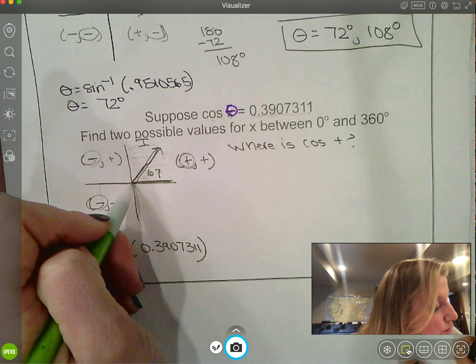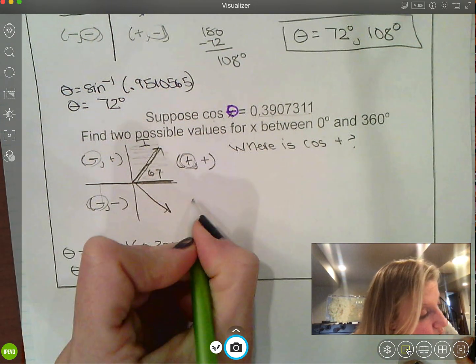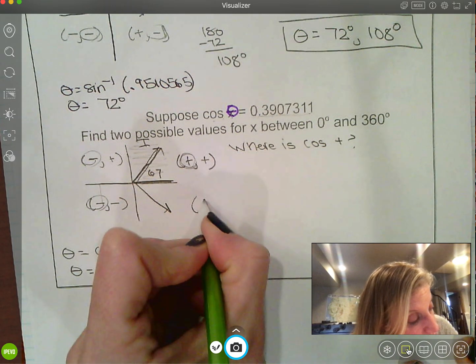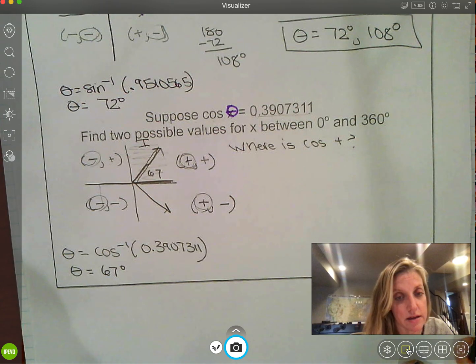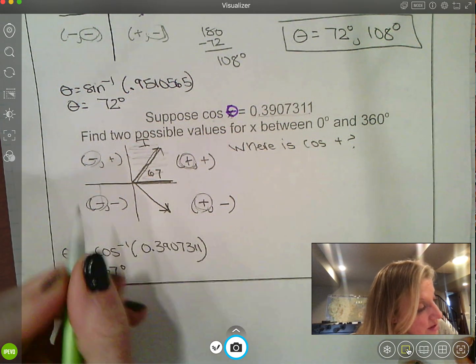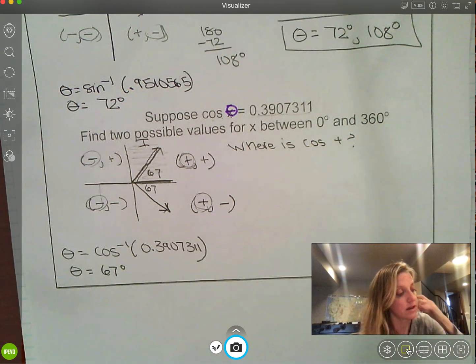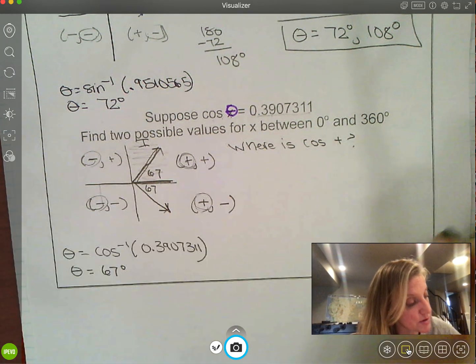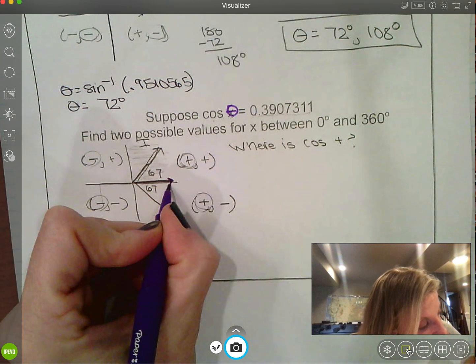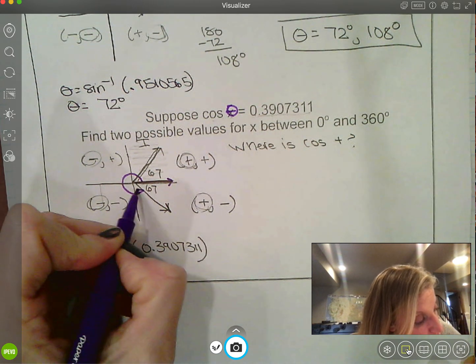So quadrant 4 is where we're going to be, because to get to quadrant 4 from the origin, you go to the right and down, and the cosine is the x value, which is positive. So let's put in a reference angle of 67 in quadrant 4. How can we figure out what that angle is? Remember, it starts from the positive x-axis and goes all the way around.